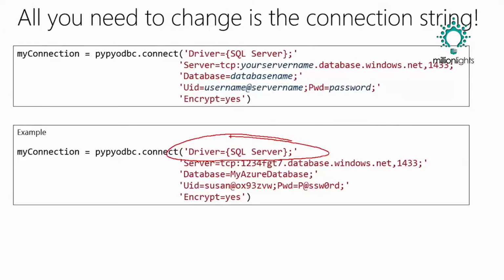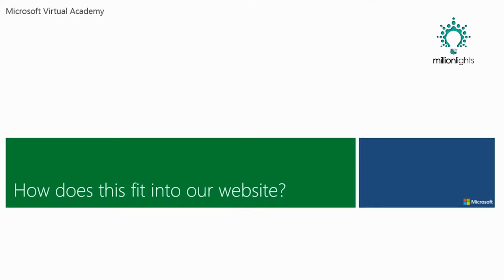Where it says driver on the slide, where we have driver equals SQL Server, if you take the connection string from SQL Azure, it gives you a different driver. I couldn't get it to work with the driver provided. You need to just step back and use SQL Server. Yep. Do use SQL Server for that, because that was one of the moments where I was wondering why this isn't working. But now that I fixed that, I know it'll work well.